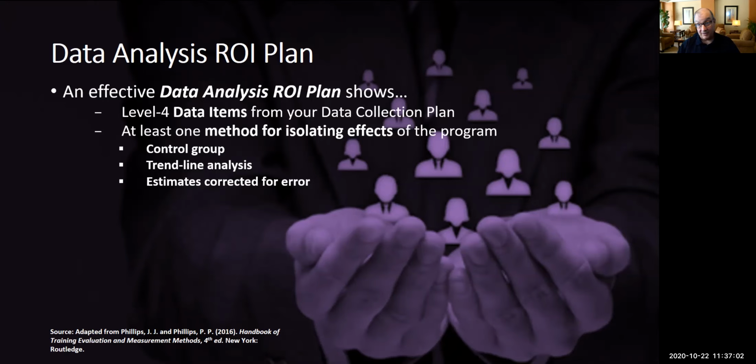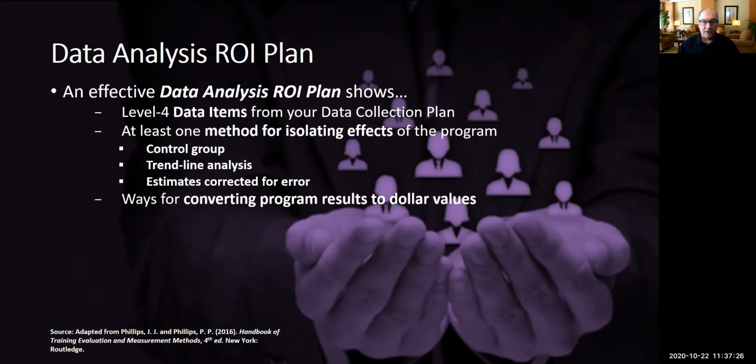It's not going to be 50% anymore. It'll be less, probably around 40%. So that's how that works. Look at that procedure. I will tell you most data analysis ROI plans have estimates corrected for error as that method for isolating effects.